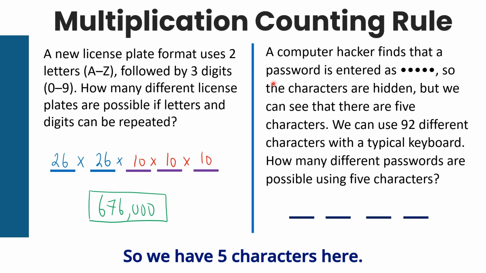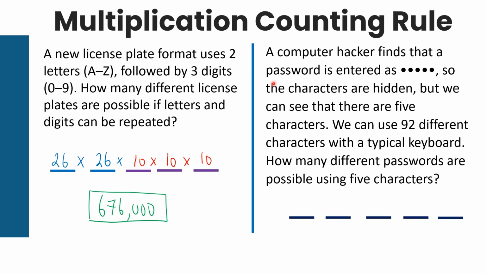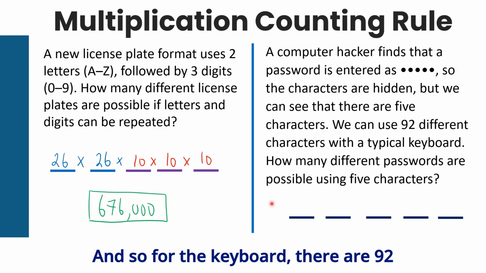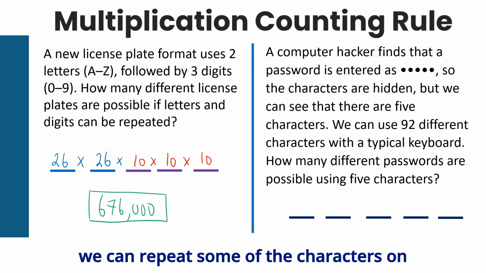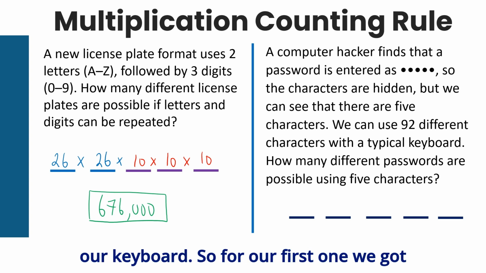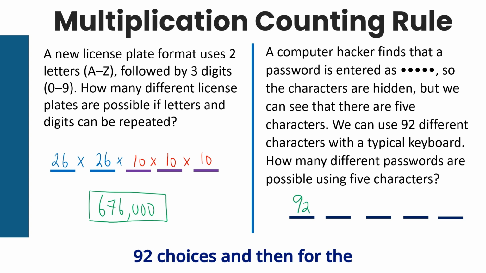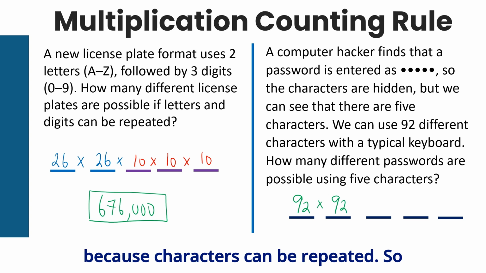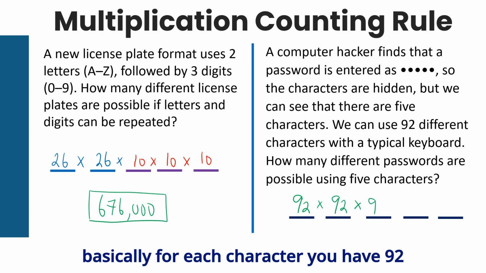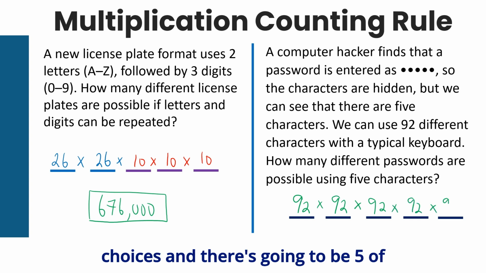So for the keyboard, there are 92 different characters, and we know that we can repeat some of the characters on our keyboard. So for our first one, we got 92 choices. And then for the second one, we also got 92 choices because characters can be repeated. So basically, for each character, you have 92 choices, and there's going to be 5 of them.